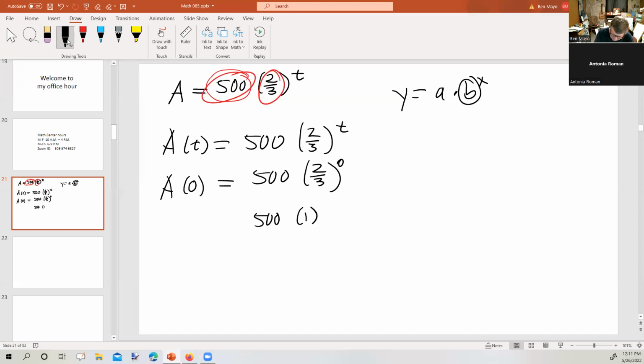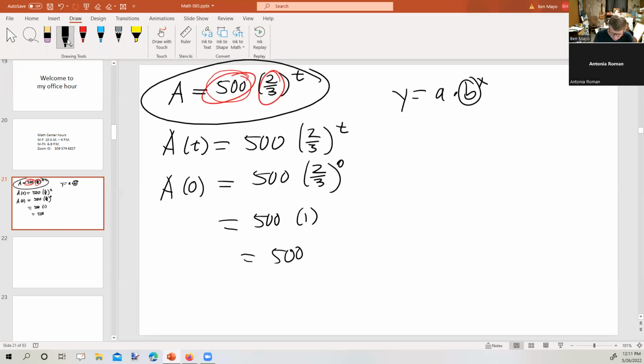That's 1. What's 500 times 1? That's 500. So what that says is for this equation, whatever substance we're dealing with, there's 500 of them when the time begins. But also because the base here is less than 1, it's decreasing. So it's starting at 500 and then it's going down as time goes on.